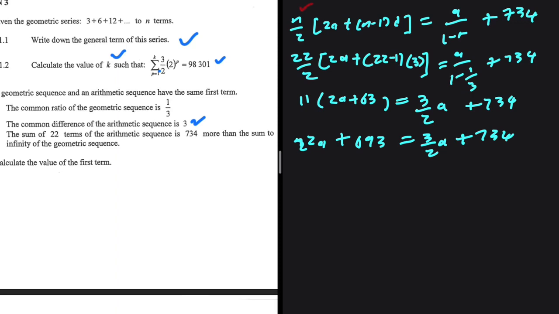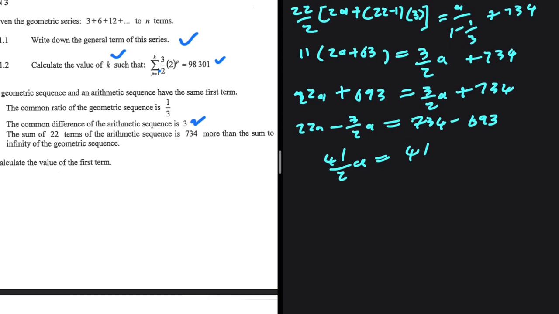So 22a minus 3 divided by 2a is equal to 734 minus 693. What is 22 minus 3 divided by 2? We have 41 divided by 2a equal to 734 minus 693, which is 41. So a is equal to 41 divided by 41 divided by 2. a is equal to 2.